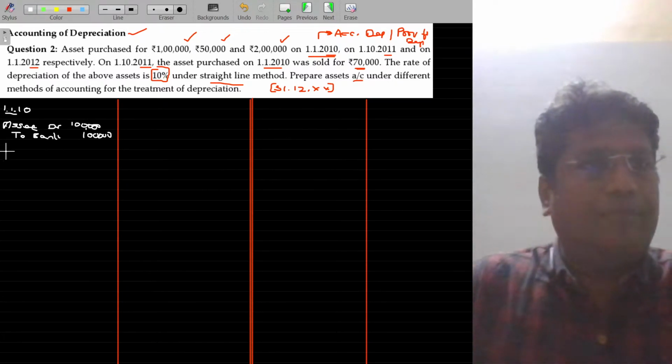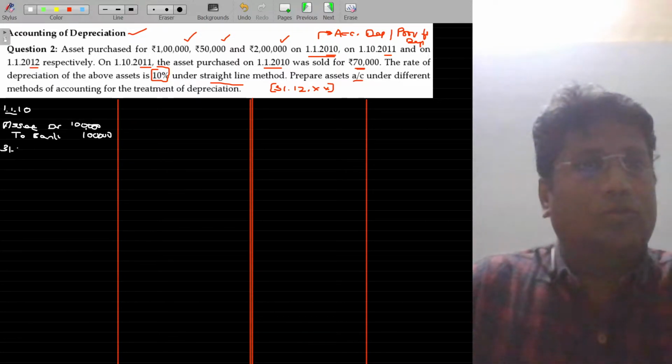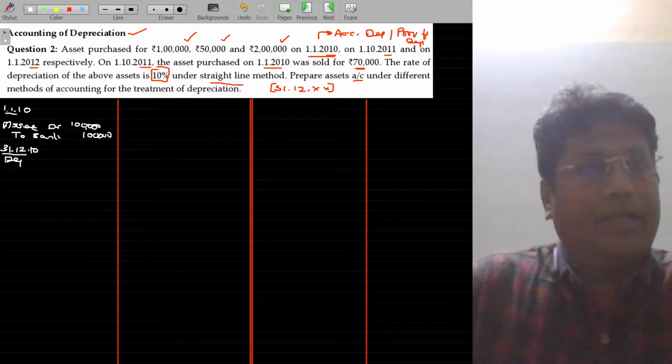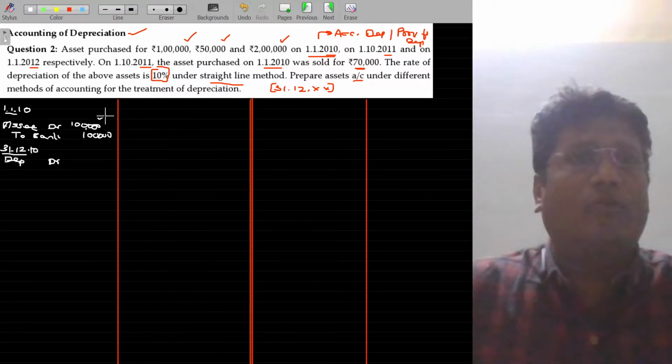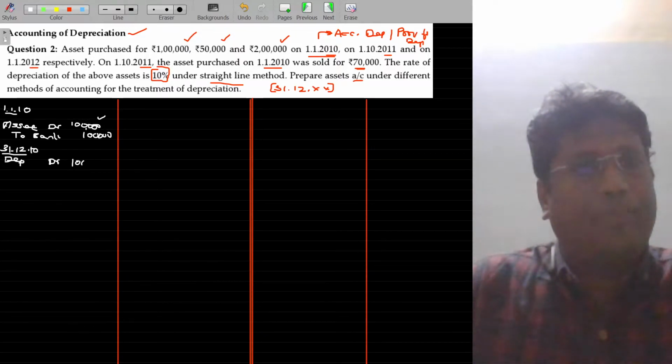So the entry at the time of year end, 31/12/2010, is depreciation account debit for the 1 lakh asset. One full year's depreciation at the rate of 10% is going to be provided, 10,000 rupees.